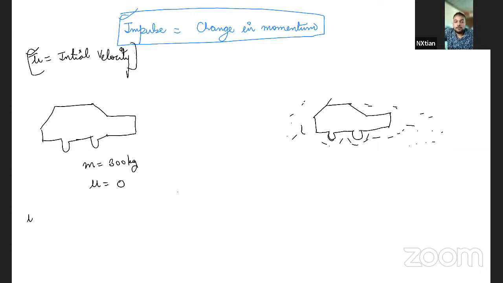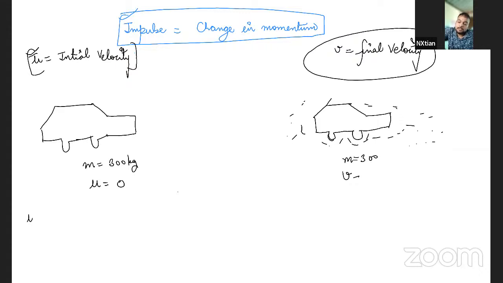Now the mass is the same, 300, but now v is denoted as final velocity. And now the velocity of the car is 20 meter per second. How much? 20 meter per second.